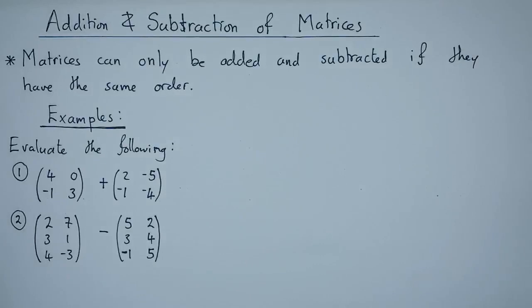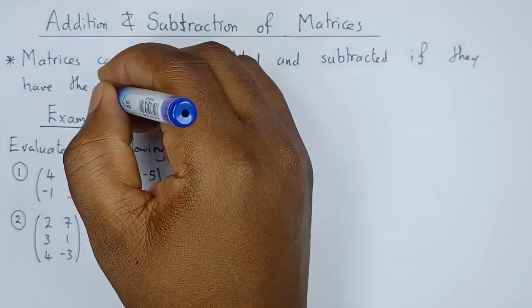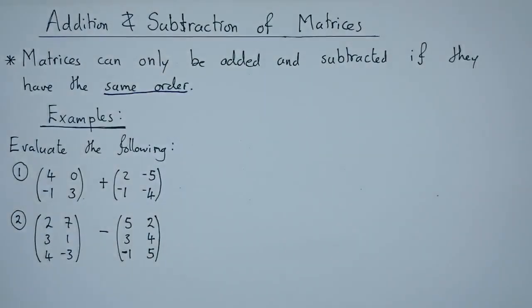To start with, it's important to note that there's one condition that must be followed. Matrices can only be added and subtracted if they have the same order. Now, what is an order? When we say same order, what does this mean? Order of a matrix simply talks about how many rows and columns a particular matrix has.